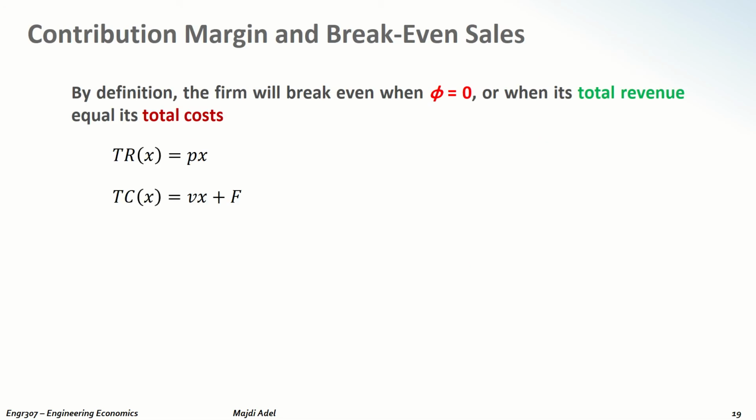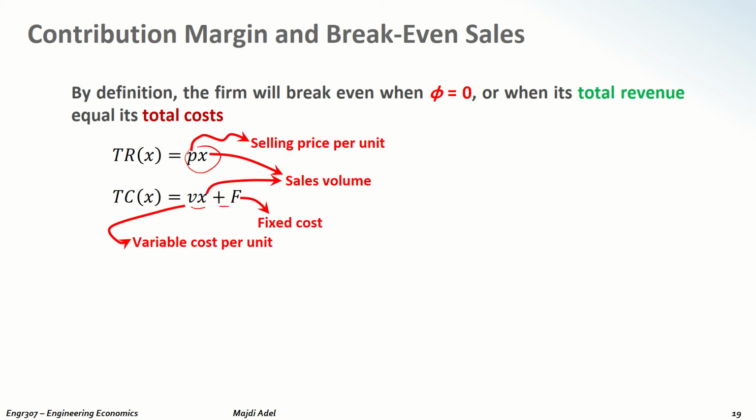Now we'll take a simple case for the total revenue and total cost functions. We will assume a linear relation between the total revenue and total cost with volume index. The total revenue function can be expressed as P multiplied by X, and the total cost function is V multiplied by X plus F. P is the selling price per unit.